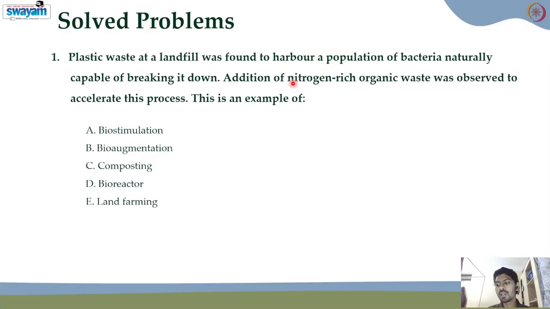So what do we call this strategy? If we are adding nutrients to the environment to speed up the degradation process, do we call this biostimulation, bioaugmentation, composting, bioreactor, or landfarming? You can post your answers in the chat box, or you can unmute your mic and answer the question.